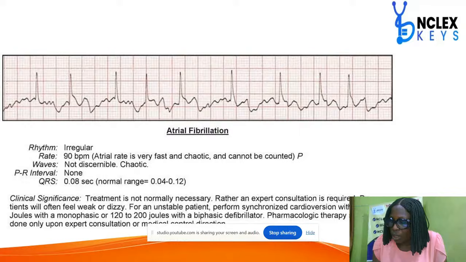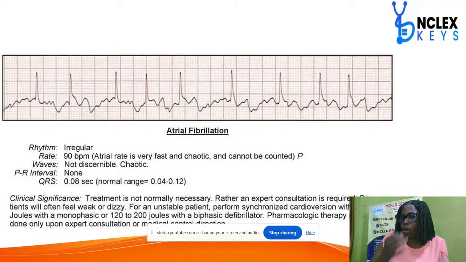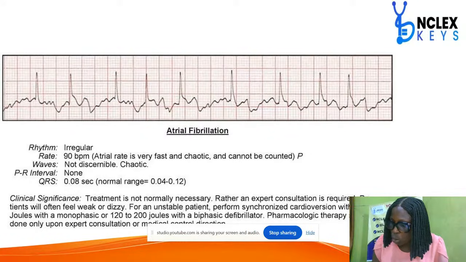When a patient is on an anticoagulant, depending on the one they are giving, if it's heparin, you check APTT. If it's warfarin, you check PT/INR. Most times, warfarin will be used.